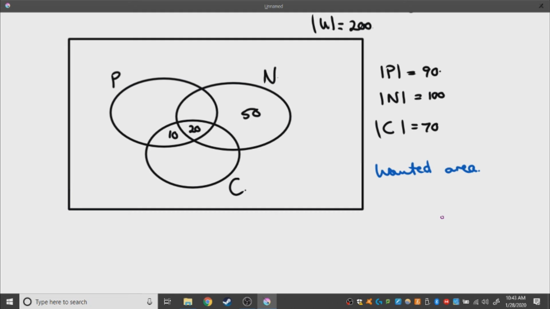What does at least 2 mean? 2 or more. So I'm looking at students in 2 or more subjects. 2 or more circles. Is it the top one?